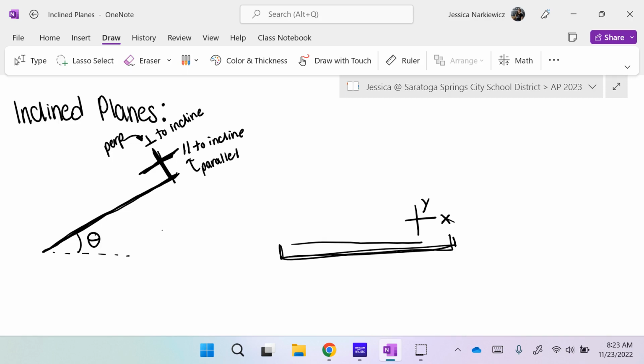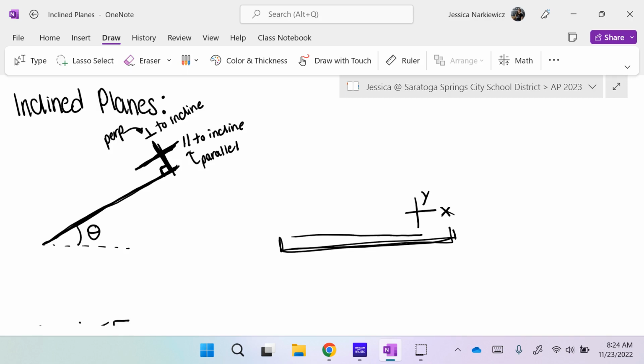This direction is perpendicular because it makes a 90-degree angle with the incline, and this is parallel because it's right in line with the incline. So when we are thinking about forces, we want to think about whether they are in the perpendicular direction, the parallel direction, or maybe some combination.